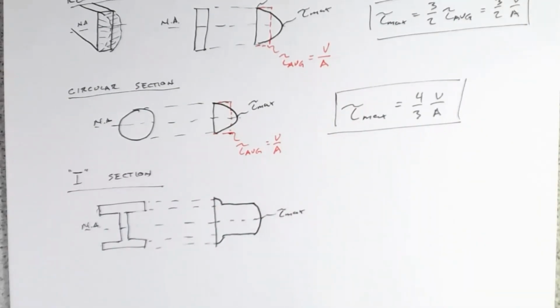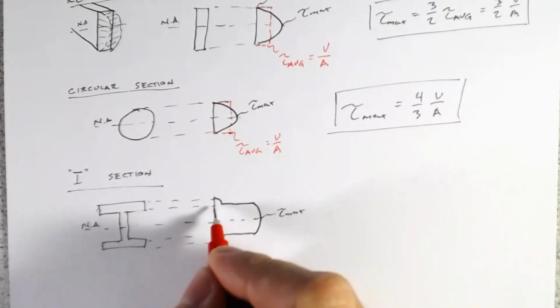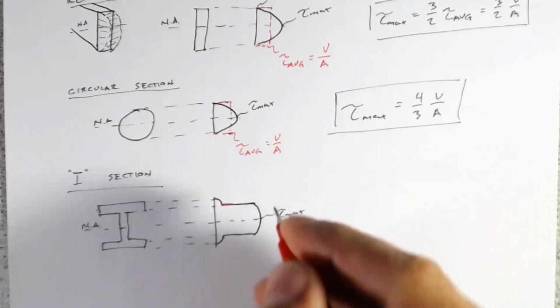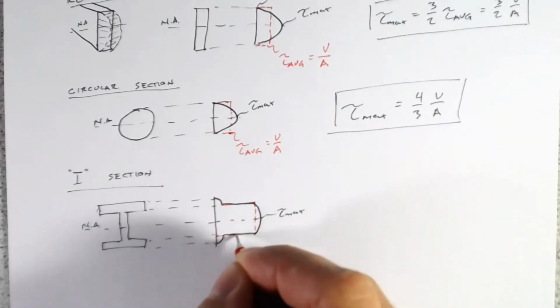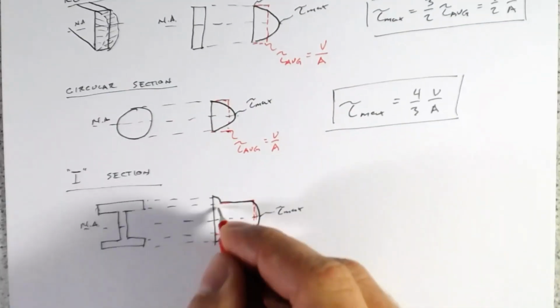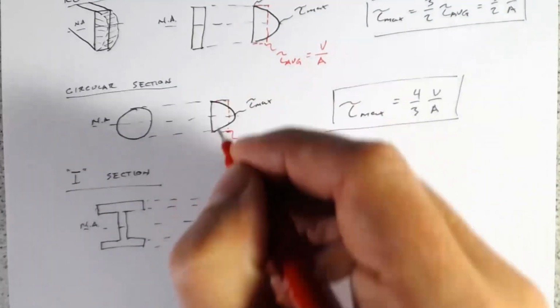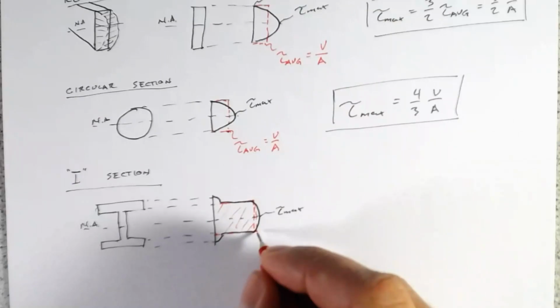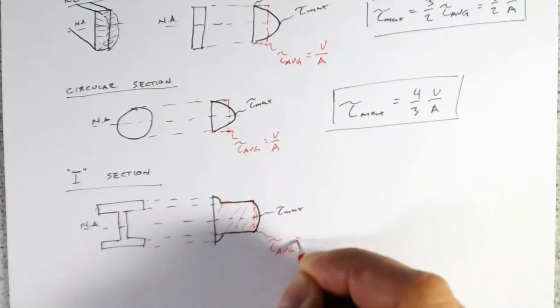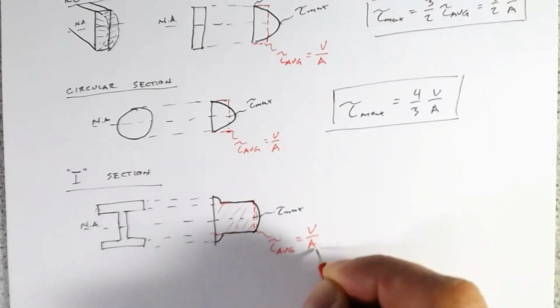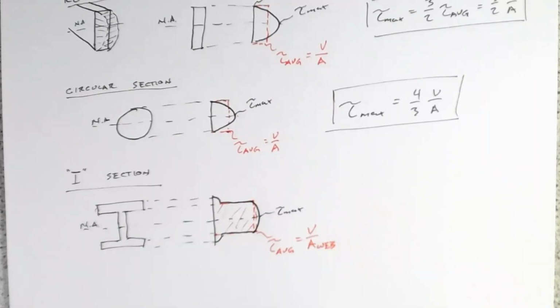is still at the neutral axis. But if we look at the area of just the web, if we have tau average equals V over the area of the web, that's actually a pretty good assumption of what our maximum stress is going to be.